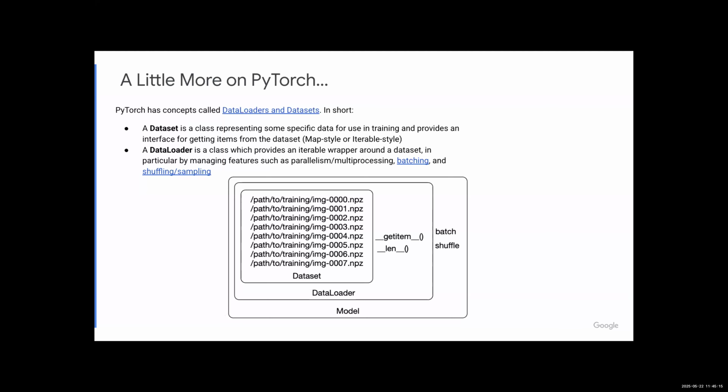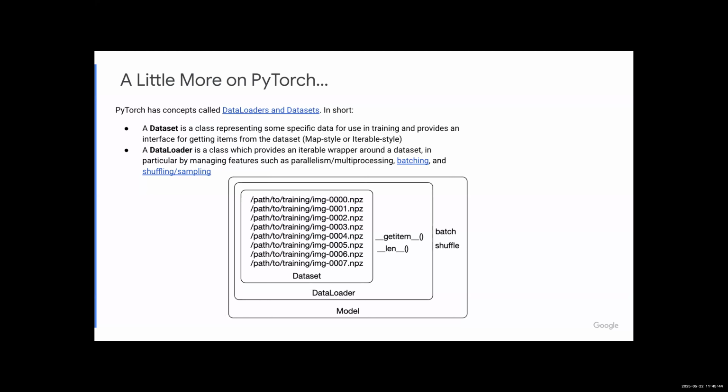Just to talk a little bit more about PyTorch. Again, this is high level, just to provide some context here. You have the storage concept: a data set that wraps some kind of structured set of data with a specific number of elements and provides either indexed access or iterative access to the data. In PyTorch, the two paradigms are referred to as map style or iterable style data sets.